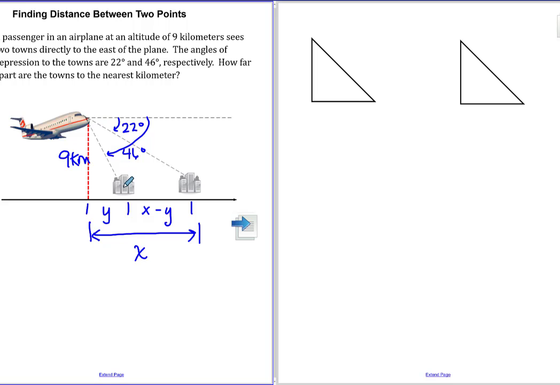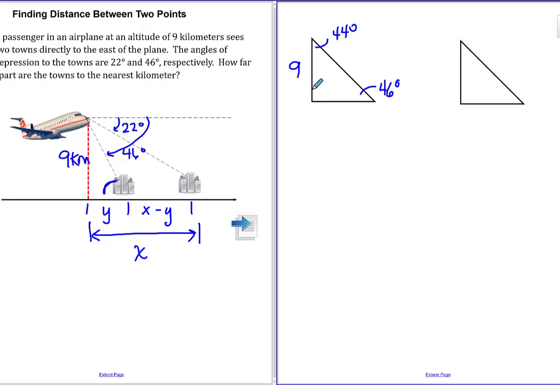So if you're considering this smaller triangle here, and this is 46 degrees, then the 2 parallel lines cut by this transversal make this angle down here 46 degrees, right? So that angle down here is 46 degrees, which makes this angle up here 44 degrees.